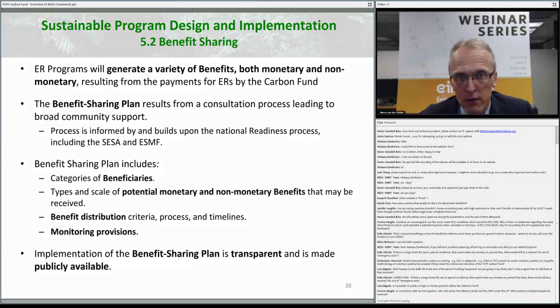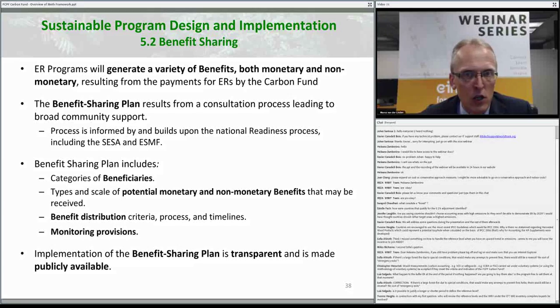And this benefit sharing plan is the result of a consultation process that should lead to broad community support, and that can build again on your national readiness process, including stakeholder processes that you're already doing there.